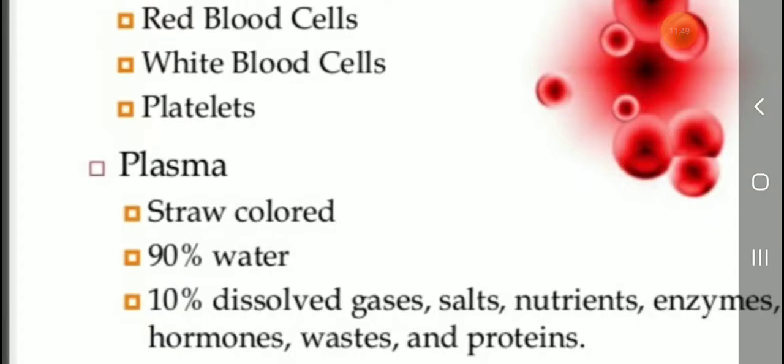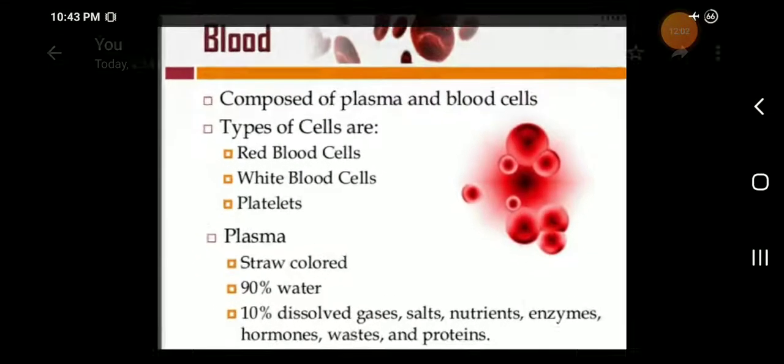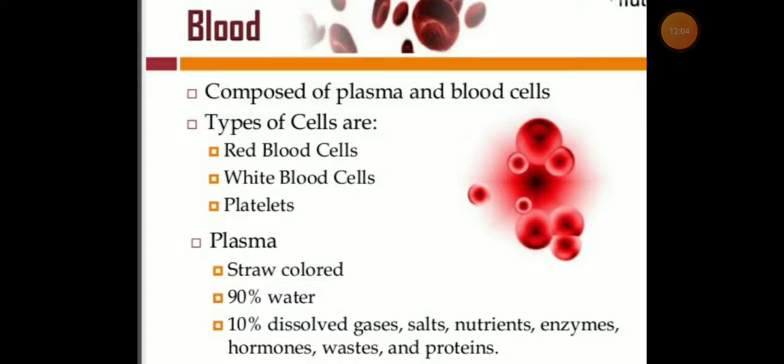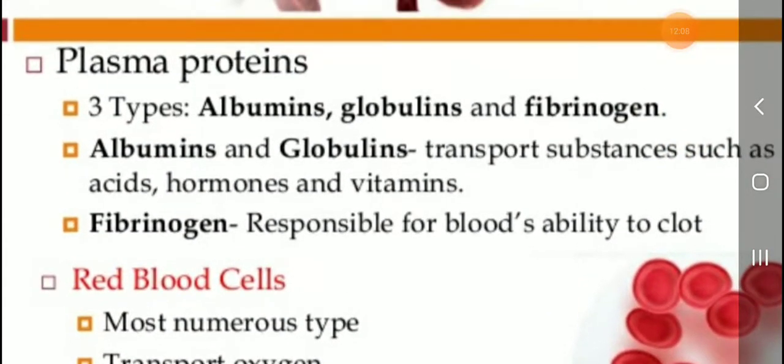Then plasma. Plasma is a straw color, 90% water, 10% dissolved gases, salts, nutrients, enzymes, hormones, wastes and proteins. Okay. That is the components of plasma. Listen, plasma proteins. There are three types of plasma proteins.